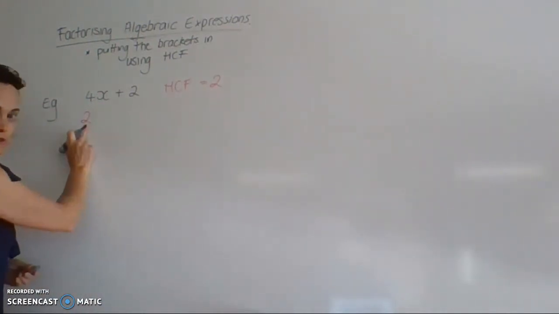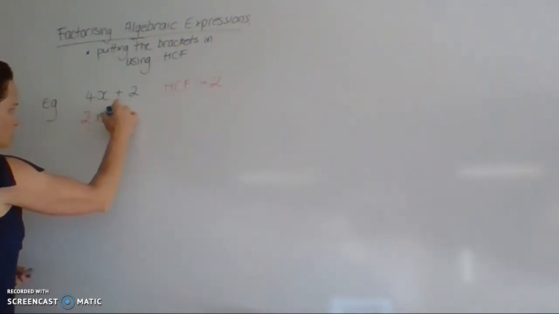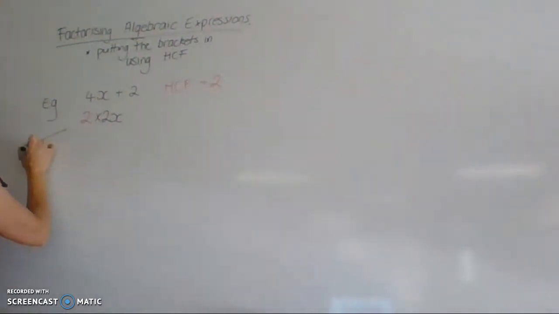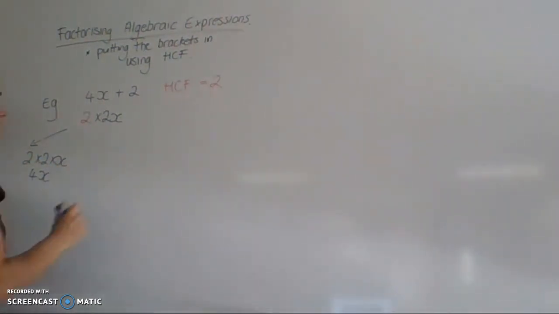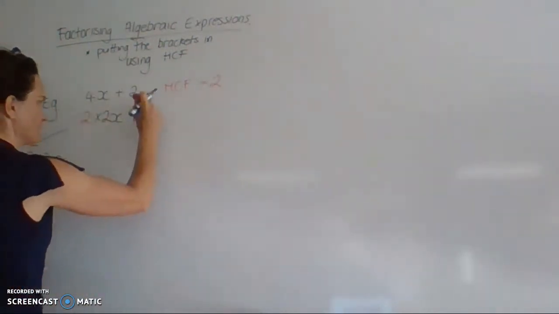What do I have to multiply 2 by to get 4x? I have to multiply it by 2 and the x. So this is, I'm just going to write it over here, 2 times 2 times x. 2 times 2 is 4x, okay? Plus, I put my highest common factor down.